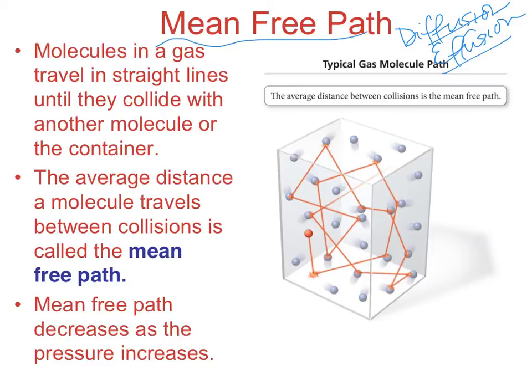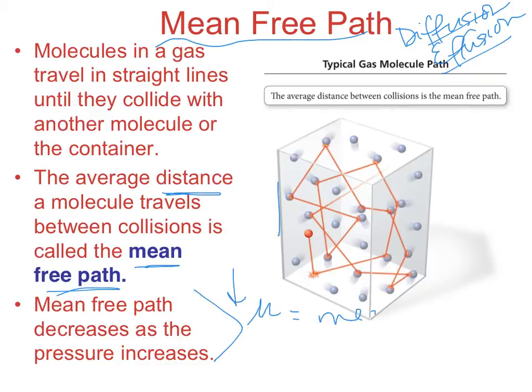Basically, gases travel in a random linear path until they collide with either the container or another gas molecule. The average distance a gas molecule can travel before it collides with something else is called the mean free path. They use the letter U for the mean free path.